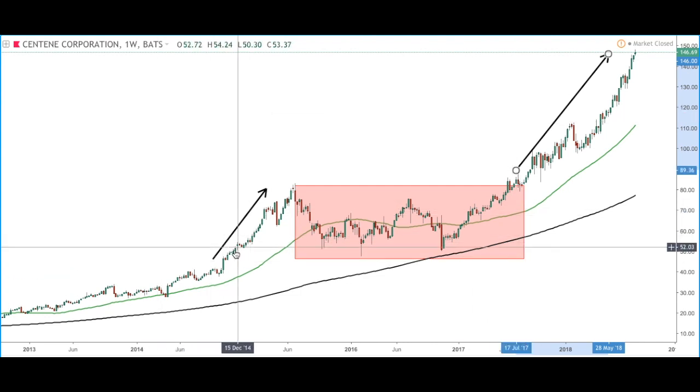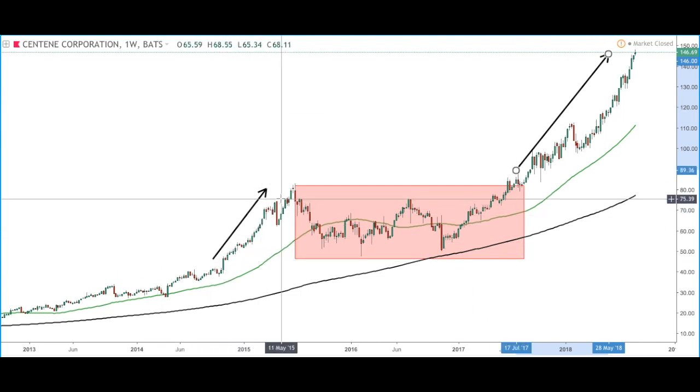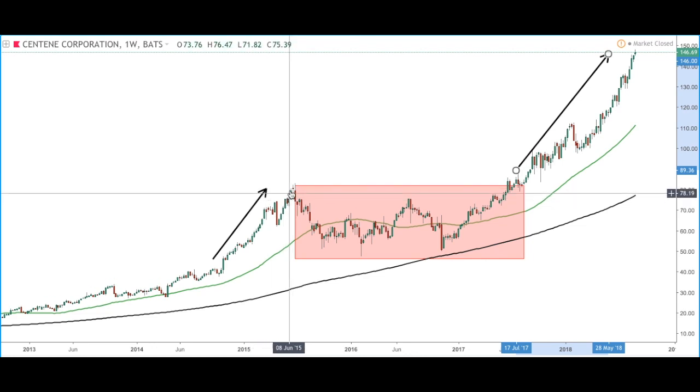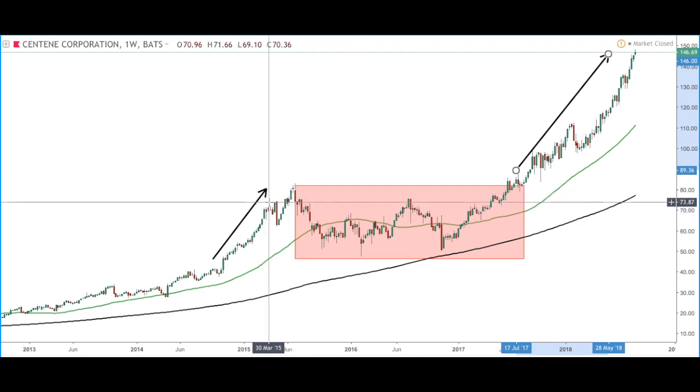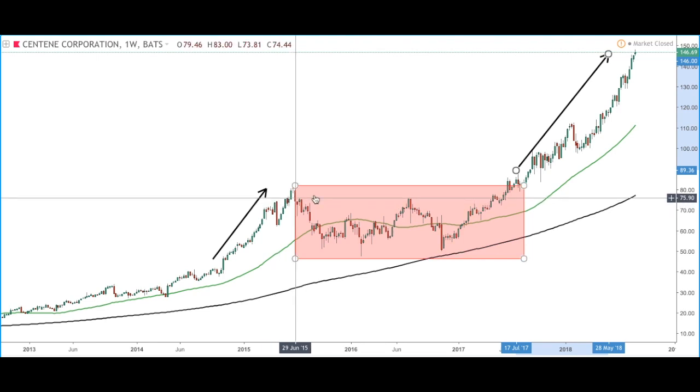If you see price right here moving to the upside, a lot of people have a fear of missing out on a possible uptrend. A lot of people will buy right in this area, right before price is about to retrace and have a breather period or go through an area of consolidation.